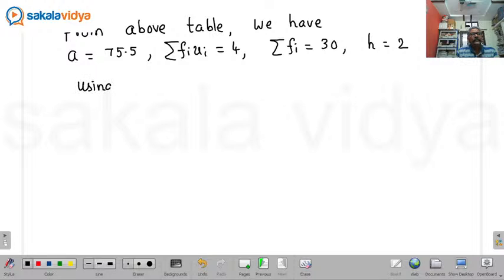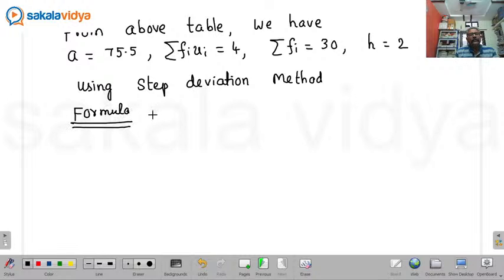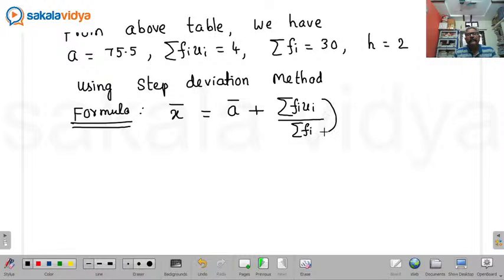Using the step deviation method, we need to write the formula. The formula is also very important. What is the formula? x bar equals A plus sigma fi ui upon sigma fi, multiplied by h.